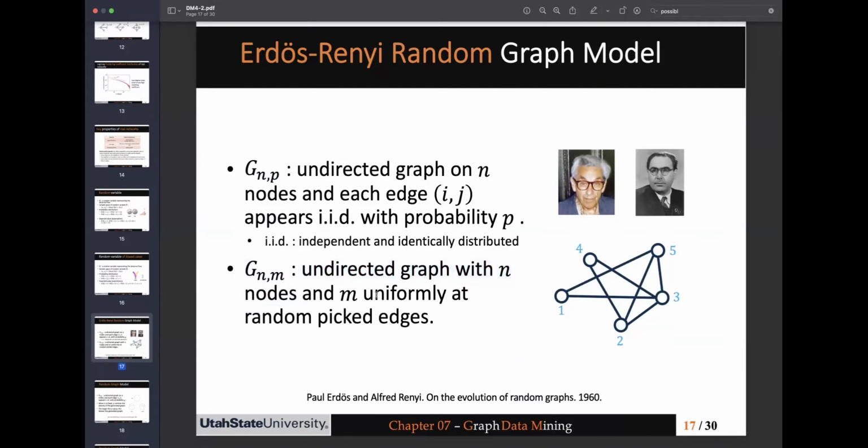So while the two models are different, they behave similarly, right, for the case of large graphs. But here we just say specifically that, hey, we would like to get n nodes and m edges. You can randomly distribute them, but I'm not telling you in terms of probabilities in this case. It's just a different way of generating a graph at random here.